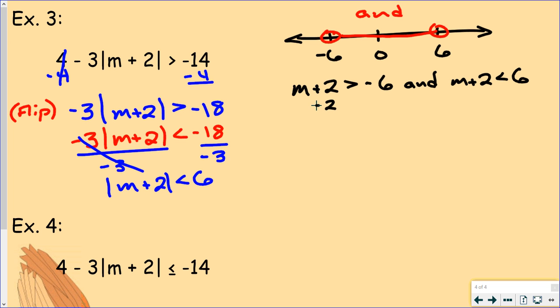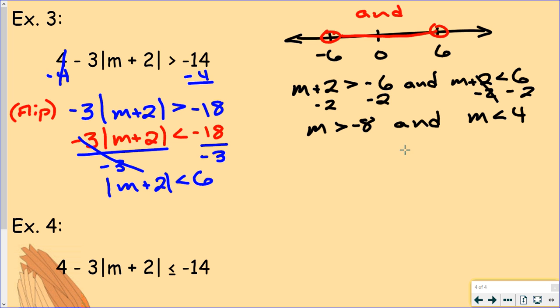So minus 2, m is greater than negative 8. And subtract 2, m plus 2. Sorry, my mind is wandering. So those cancel out. m is less than 4.